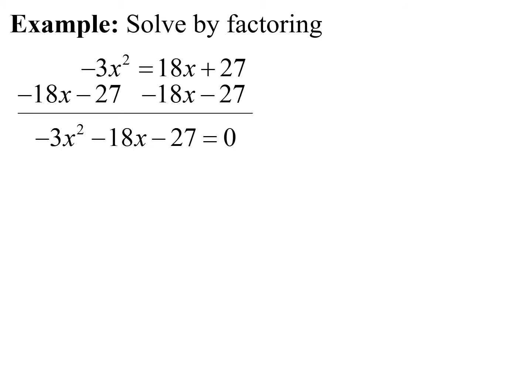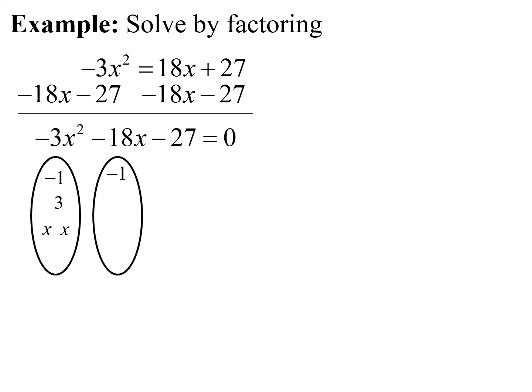Now, factoring is much more simple when we have a coefficient of 1 in front of the x squared. So what I'm going to do is take a look at the three terms and ask, is there any way of factoring out that 3? My first term is made up of a negative, a 3, and two x's, x times x. My second term is made up of a negative 18, and 18 is made up of 2 times 9. 9 is made up of 3 times 3, so 18 is 2 times 3 times 3.